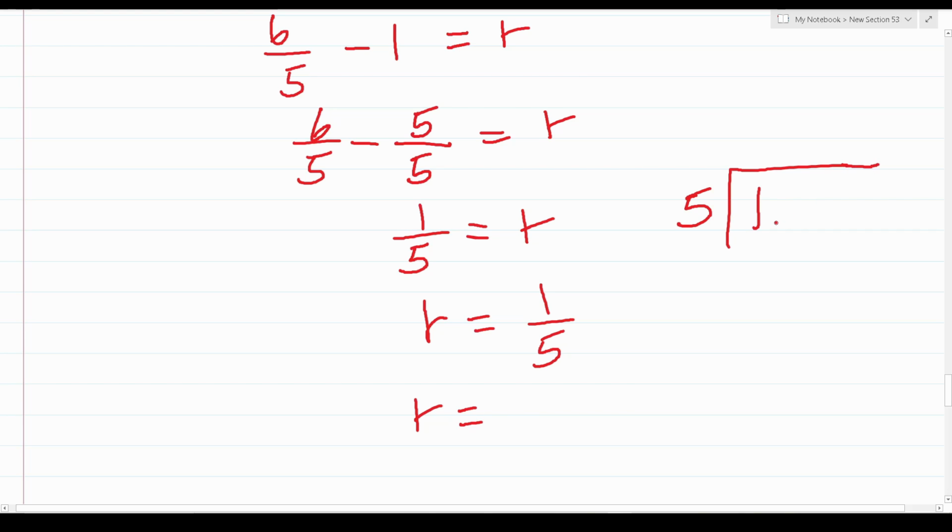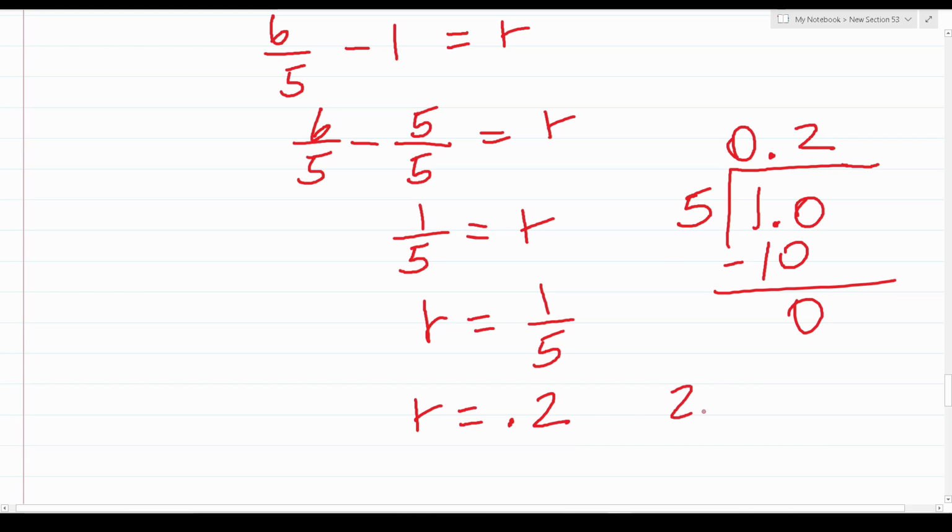It doesn't, so I have to add a decimal there and a 0 placeholder. Then I'm going to bring up my decimal there, and I'm going to say 5 didn't go into 1, so I need to put a 0 there. How many times does 5 go into 10? It's 2 times. 5 times 2 is 10. 10 minus 10 is 0. So R is 0.2, and we should know that 0.2 is the same as 20%.